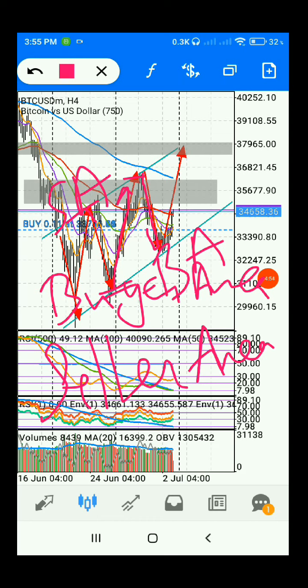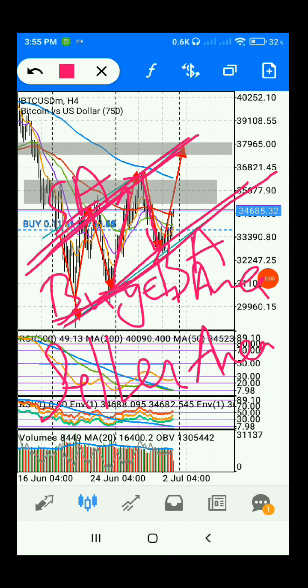Whenever you draw trend line ups and downs, this is the upper line and this is the lower line. Whenever price hits the upper line, it is called a seller's area.